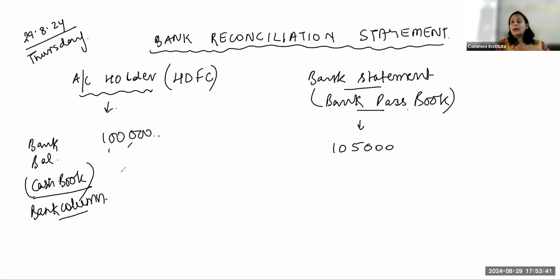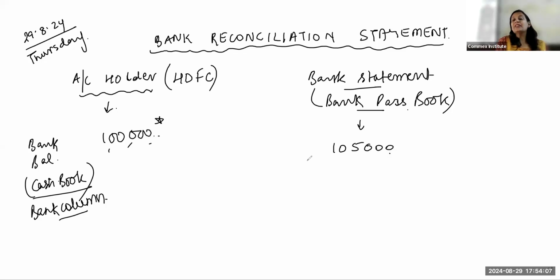Now I'm talking about my balance only. So according to my cashier or according to myself, my bank column balance is 1 lakh and he is showing 1,05,000 or maybe 90,000, whatever. So the two balances are different in spite of the fact that they are of the same thing. Bank balance as per me should be the same as bank balance as per my banker.